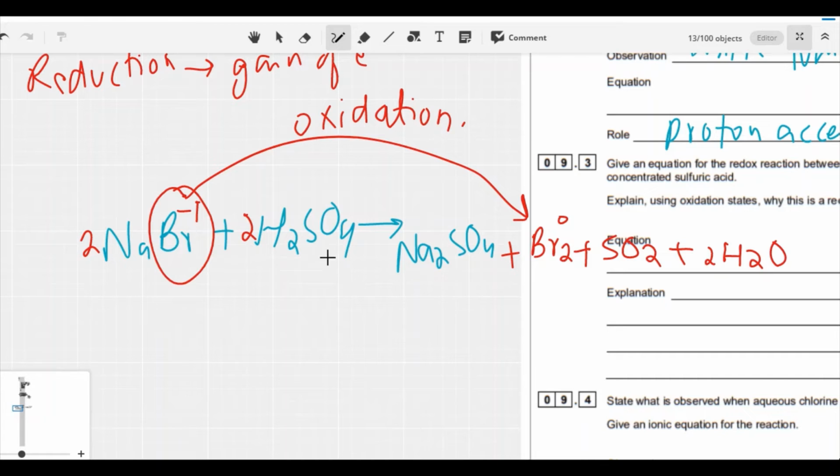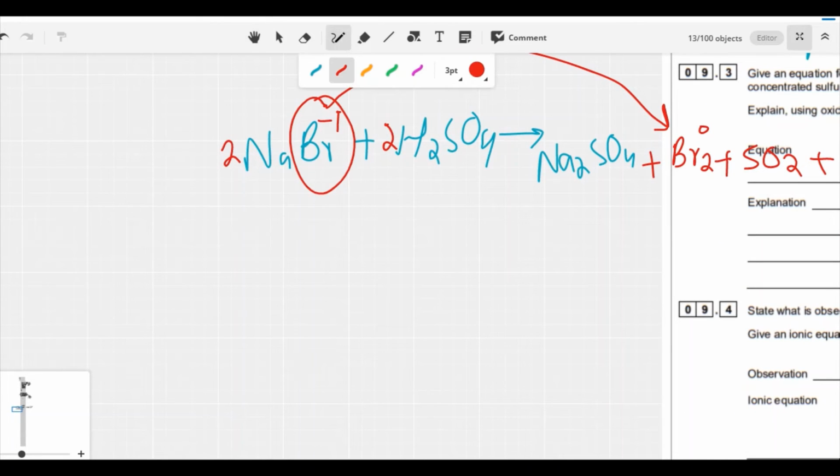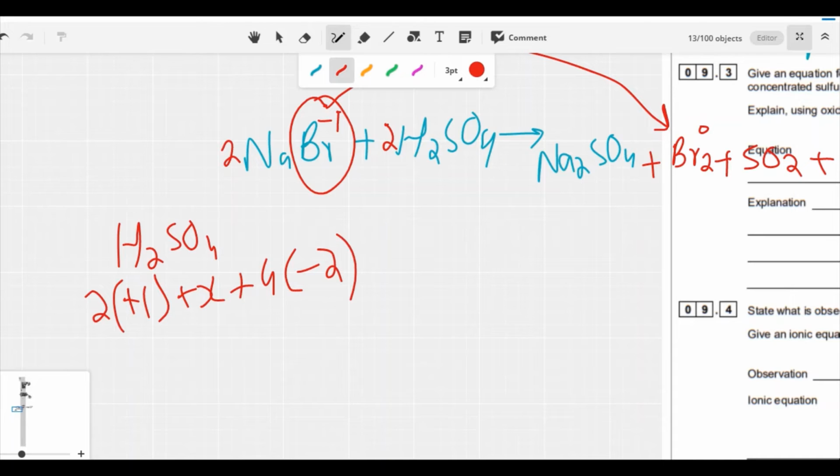While for SO4, the sulfur's oxidation states are different. Let's find the oxidation state of sulfur in H2SO4: 2 times +1 for the hydrogen, plus x for the sulfur, plus 4 times -2 for the oxygen, overall equal to 0.